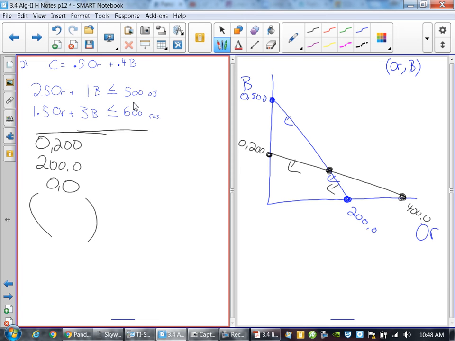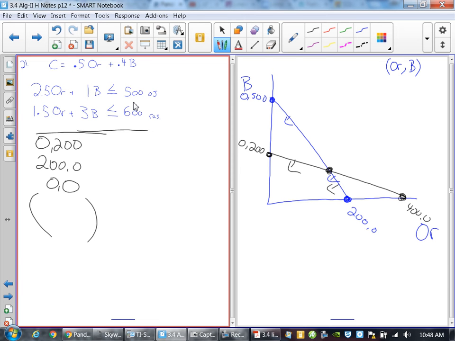For example, if I look at the top equation, I have 2.5 orange plus 1 berry is 500. That means I can write it as 1 berry is 500 minus 2.5 orange.